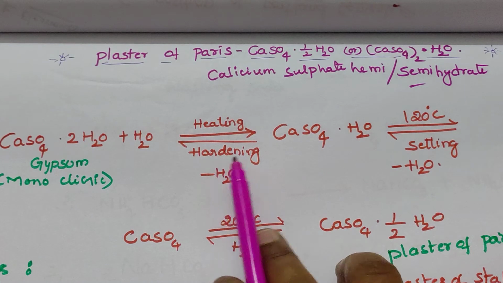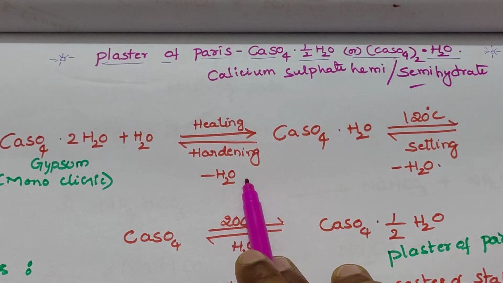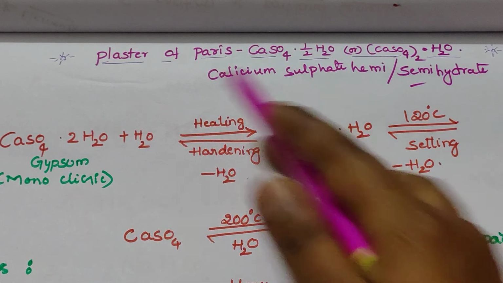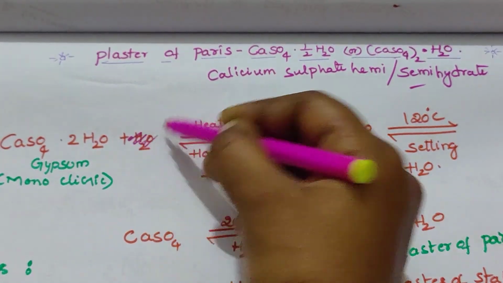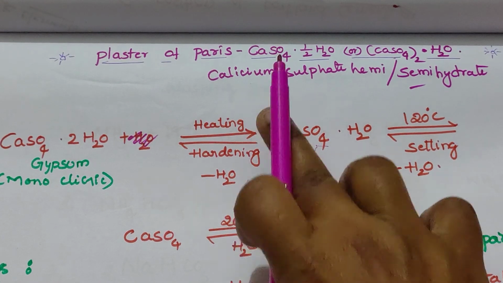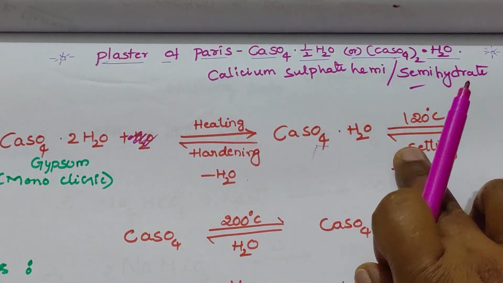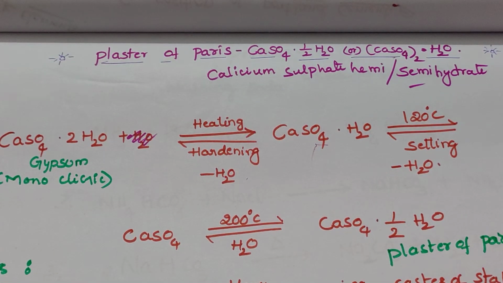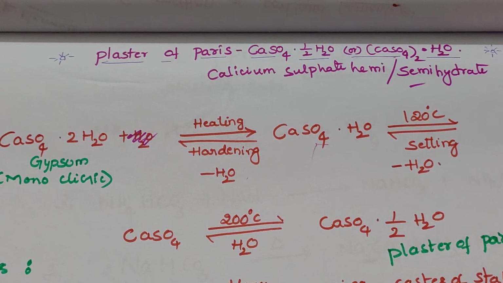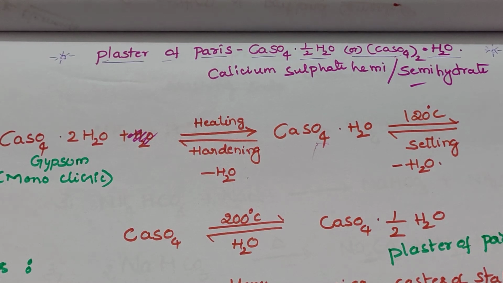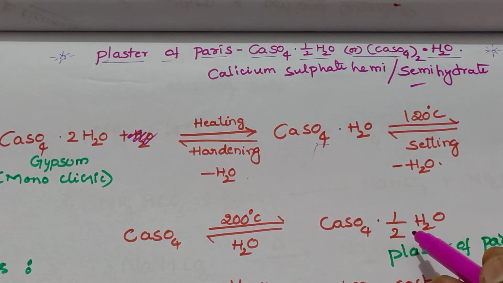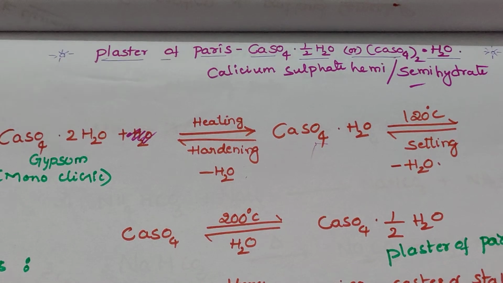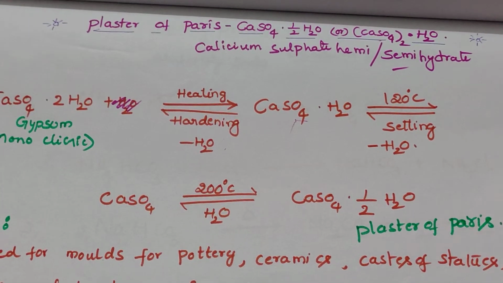On heating, one water molecule is removed to produce CaSO4·H2O. Then on heating at 120 degrees centigrade, another water molecule is removed, and at 200 degrees centigrade it produces calcium sulfate semihydrate, which is called semi or hemihydrate. This is the plaster of Paris preparation.